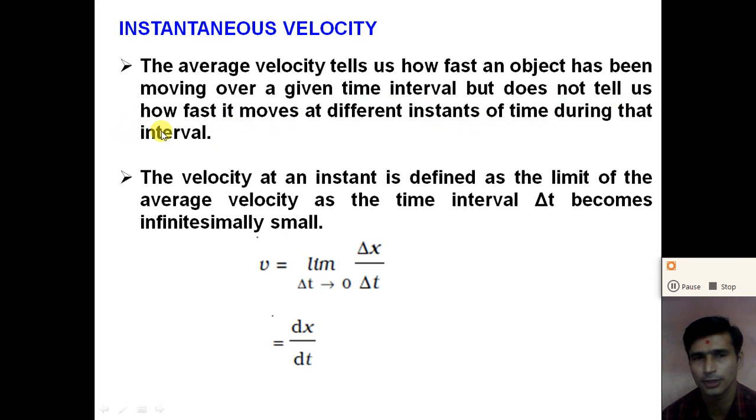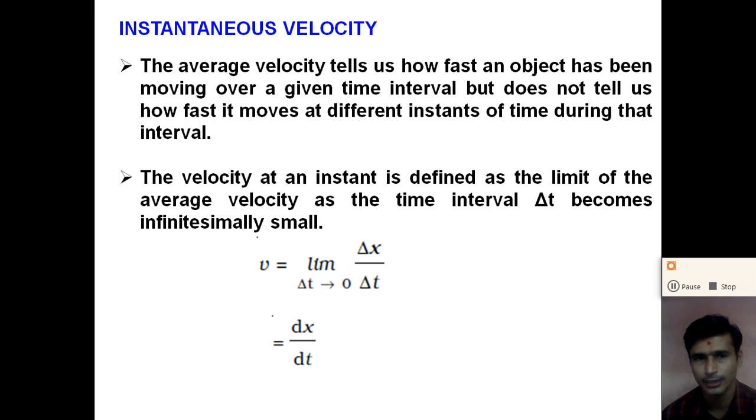So the average velocity or the average speed tells us how fast the car is moving from one source to the destination in a given time interval, but it does not give us the velocity or the speed at different instants of time.